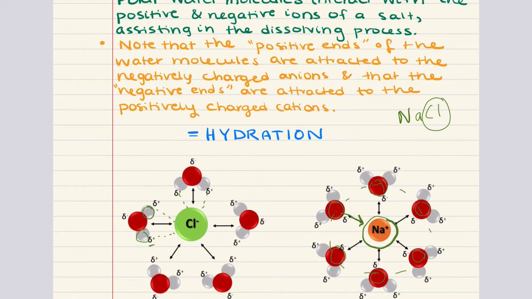Now, the solubility of ionic substances in water varies greatly. For example, sodium chloride is quite soluble in water. But if you take something else like silver chloride, it's only very slightly soluble. The differences in the solubilities of ionic compounds in water typically depend on the relative attractions of the ions for each other versus the attraction of the ions for water molecules.